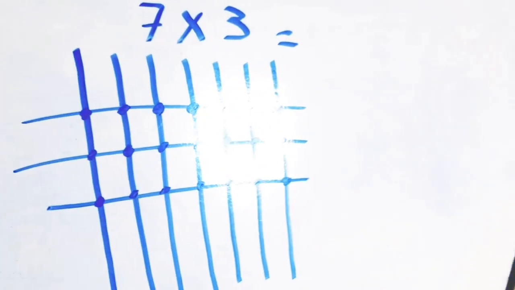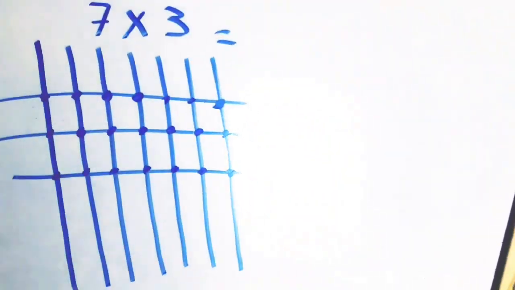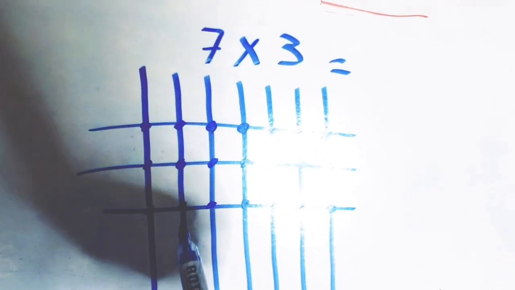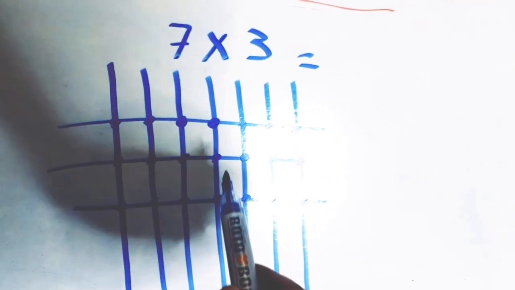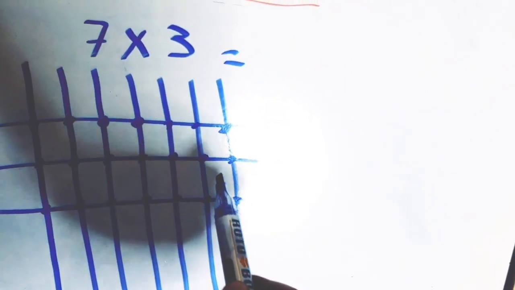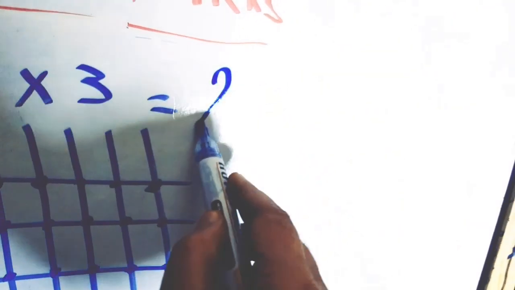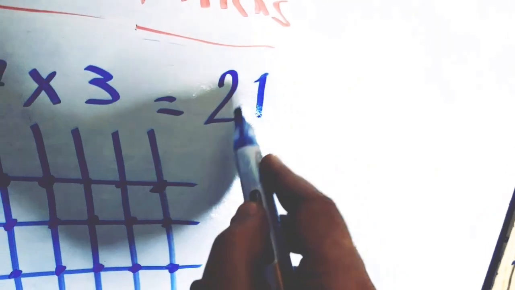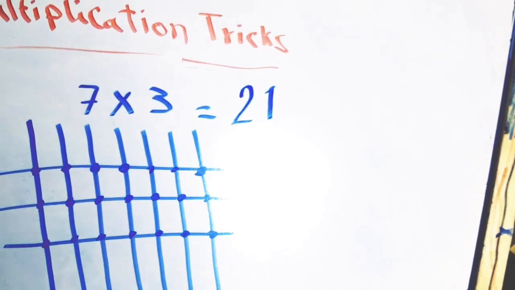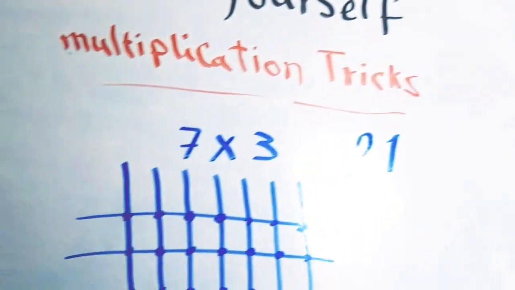Now we have finished putting all dots. Then we count the dots. 1, 2, 3, up to 21. We have 21 dots. So 21 is the multiplication product of 7 times 3.